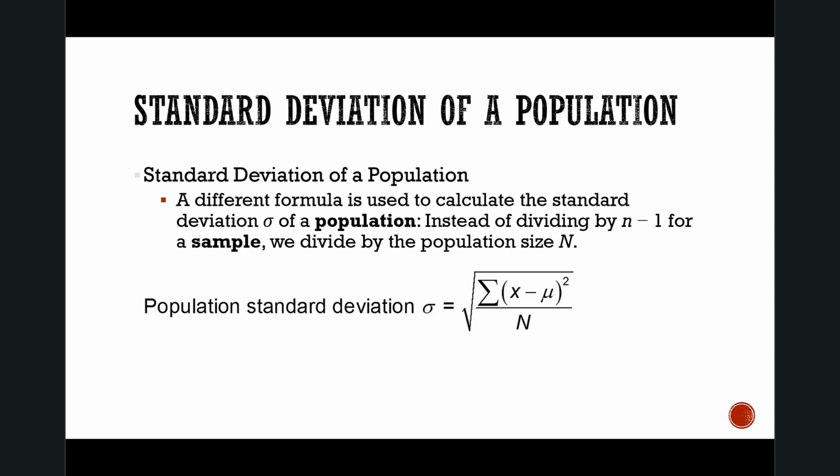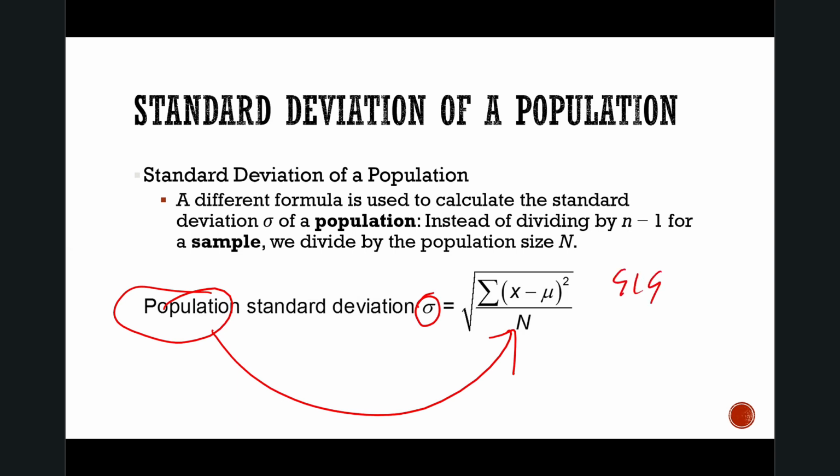But here it said it was a sample, it was some of their scores. So really, the only thing you need to understand: population, N, not n-1. And it uses this symbol, which is pronounced sigma.